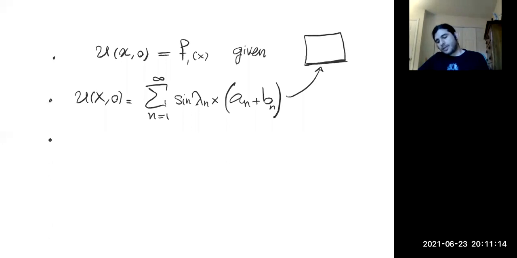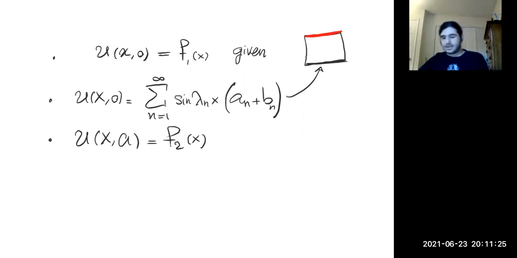The other boundary value condition we had was u at x and a is equal to f2 of x. This is the boundary value condition at the other segment. So again, we can go back, look at the solution we had, and plug in y equal to a.